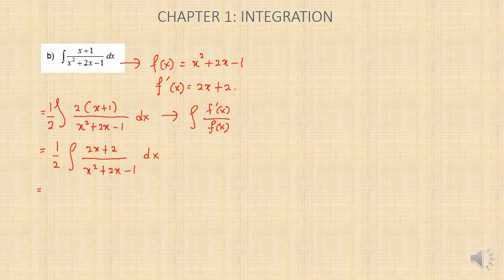So by using the basic integration, I can turn this integration into ln x squared plus 2x minus 1 plus c.